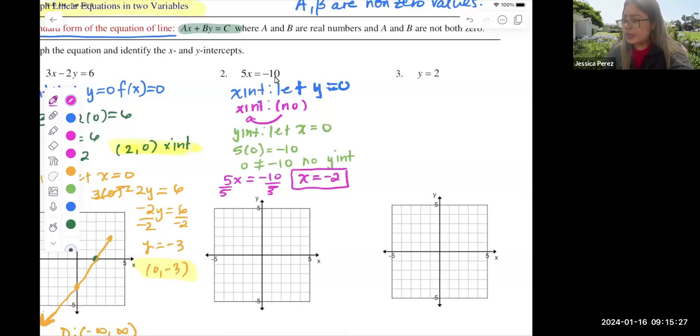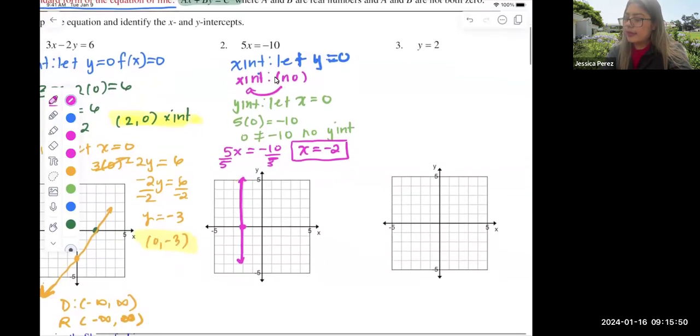So at x being -2, there's this line right here. So the only way that you'll have an x-intercept, the x-intercept would be at -2. And this point is necessarily true for this value.